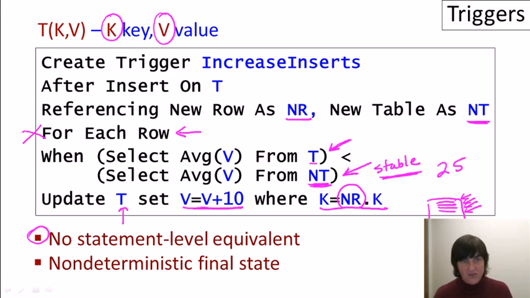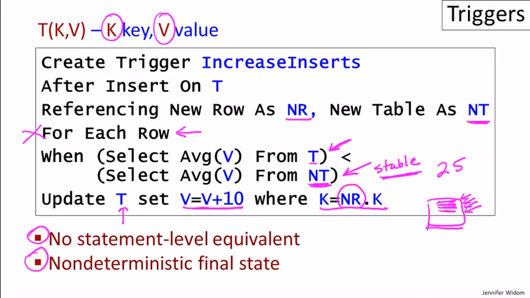The second thing that this trigger shows is the potential to have a non-deterministic final state, because we're going to increase the value of the inserted tuples until the average exceeds a certain threshold, and then we'll stop increasing those values. So the subset of tuples whose values are increased is determined by the order in which the trigger processes the set of inserted tuples.